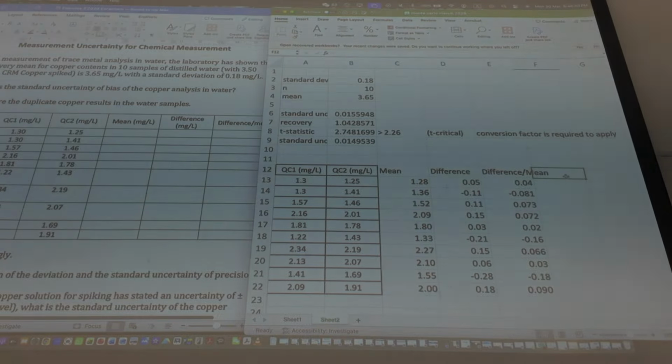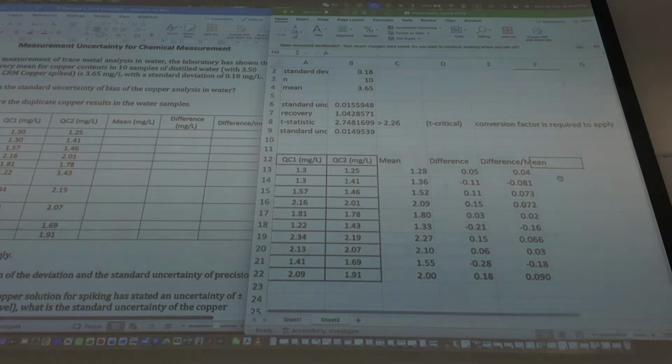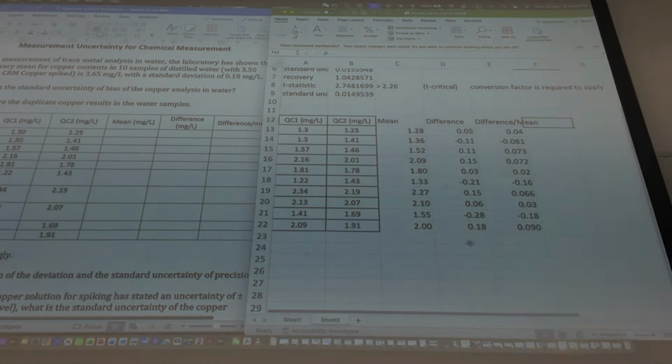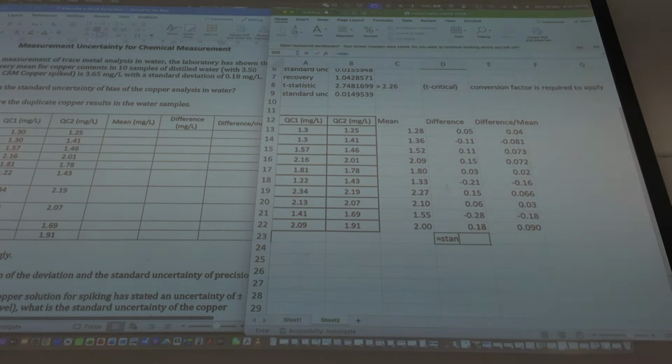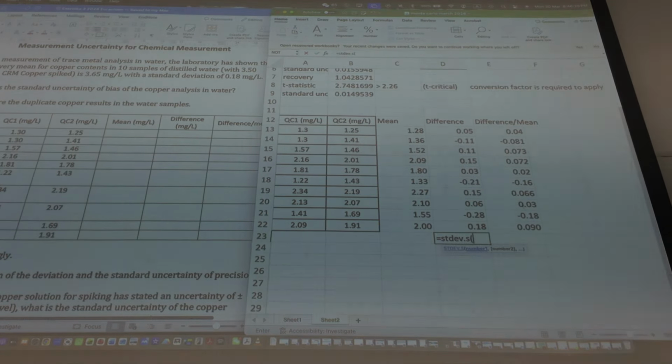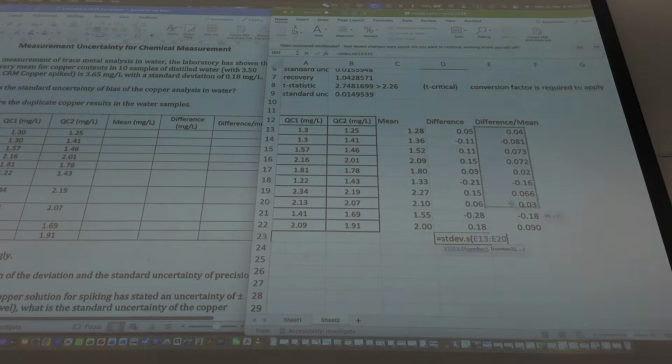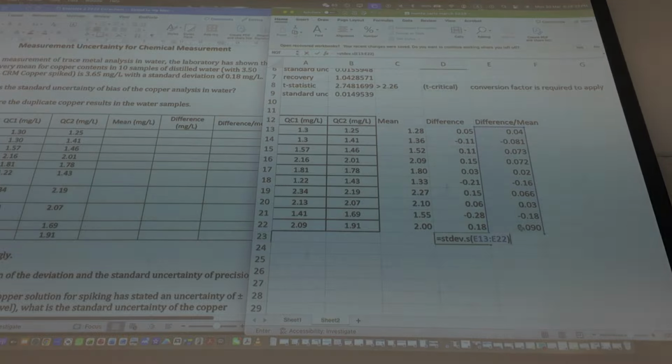Okay, so that is the correct significance. And so what will you do? You have to compute the standard deviation.